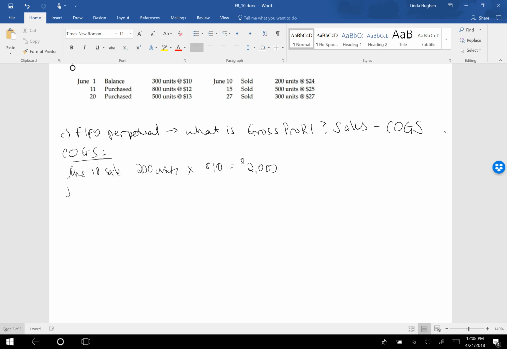And then on June 15th, when there's a sale of 500 units, well, we still had 100. We accounted for 200 of the beginning inventory when we sold on June 10th. So we start by selling the remaining 100 units in beginning inventory at $10 per unit. So we sold all of those.